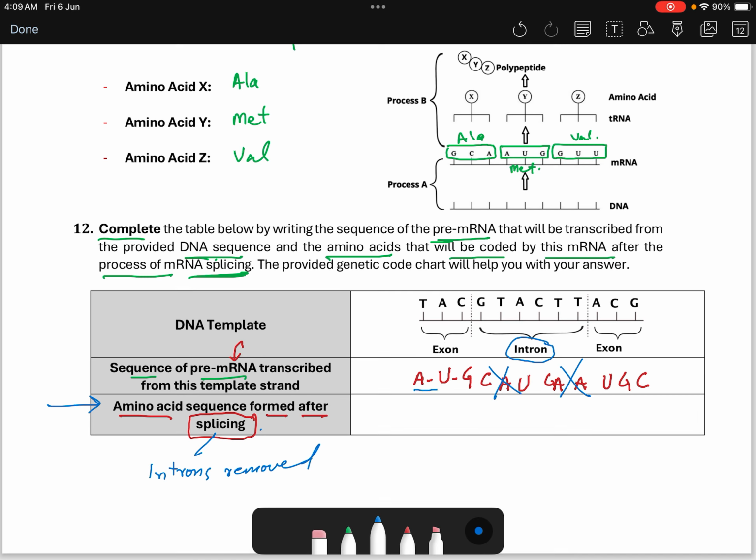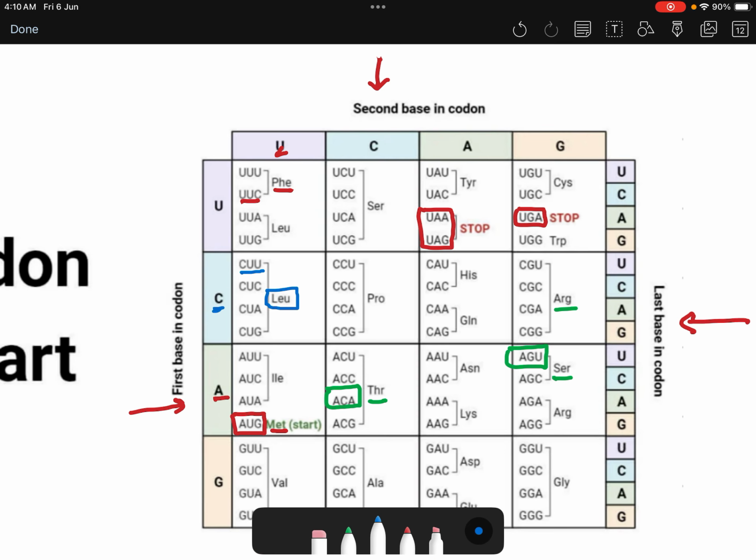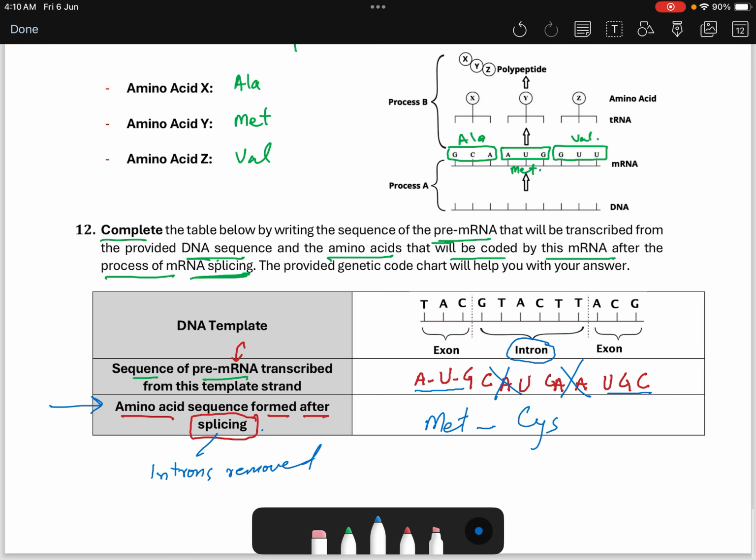We will take only this and this. So AUG is very famous, meth, and UGC we need to go up to find. So it's here, that is cysteine. Okay, so meth and cis, that's it.